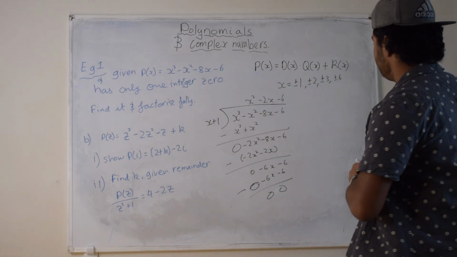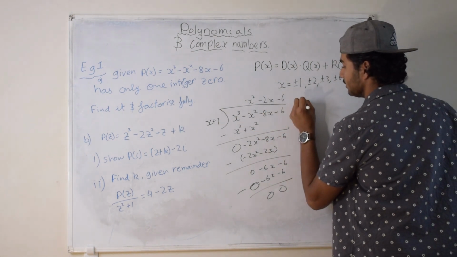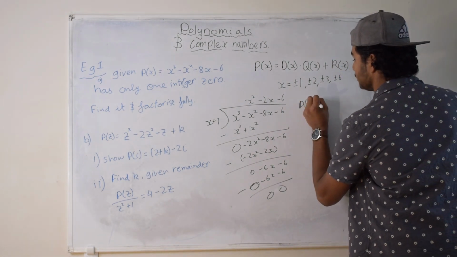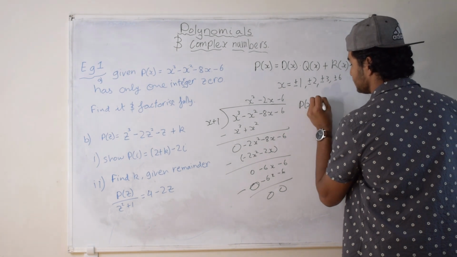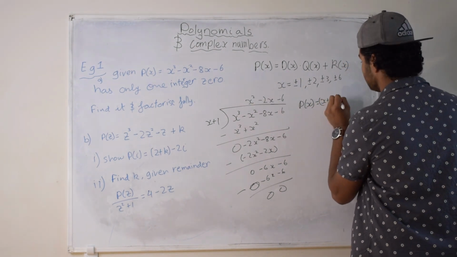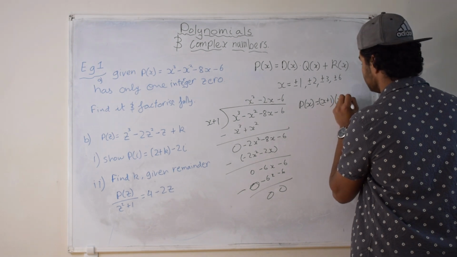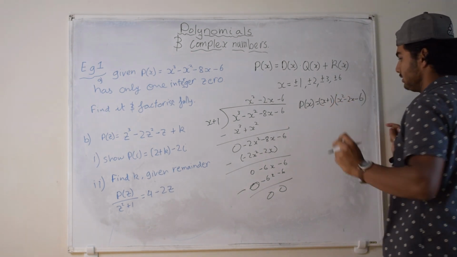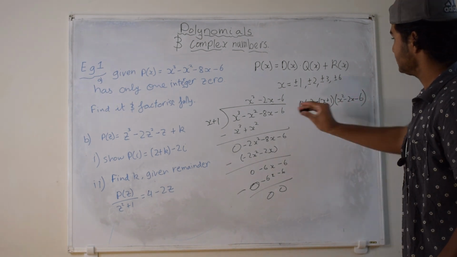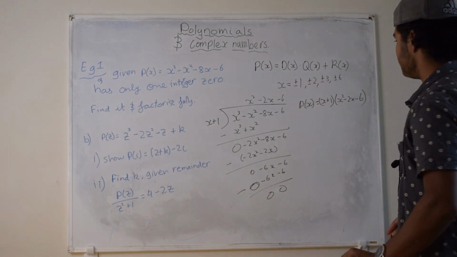So p of x then equals the divisor, x plus 1, and the quotient, x squared minus 2x minus 6, and the remainder in this case is 0.